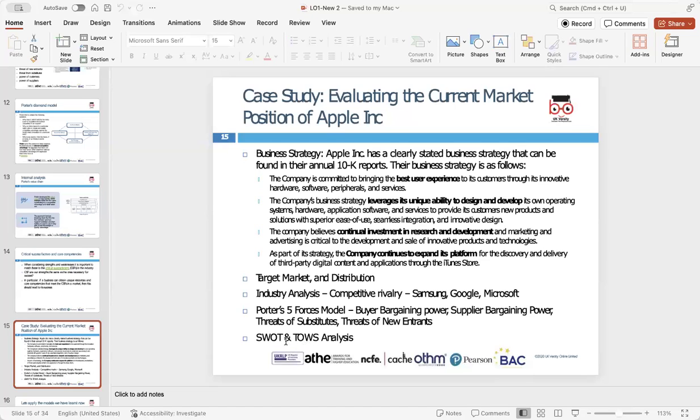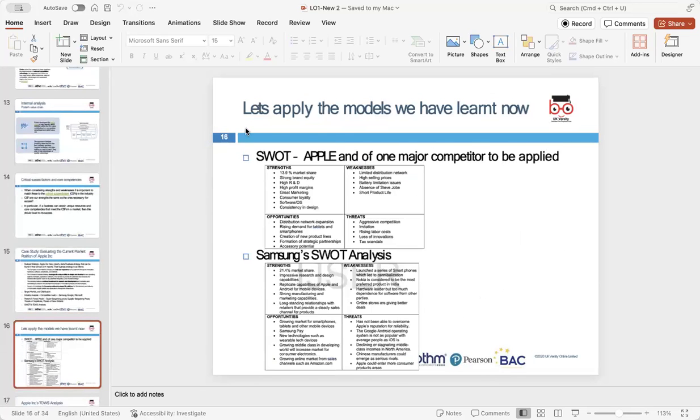So SWOT and TOWS analysis, we just discussed Apple's SWOT and TOWS analysis, help in evaluating its market position and strategic decisions based on internal and external factors. Got it? Any question, Osama? Everything okay? Yes.